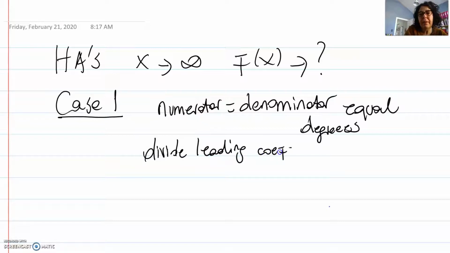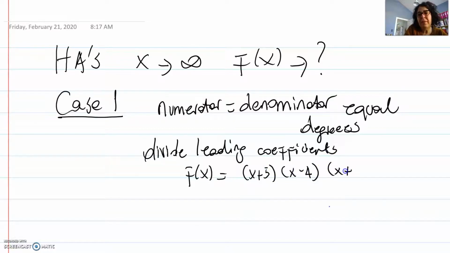All right. So how could that be happening? Example, f of x is equal to x plus 5 times x minus 4 times x plus 2 divided by, hence on the numerator I have a third degree, x times x times x, it's going to give us x cubed when we open it up, FOIL it out, and we don't have to do that, and never ever do that.